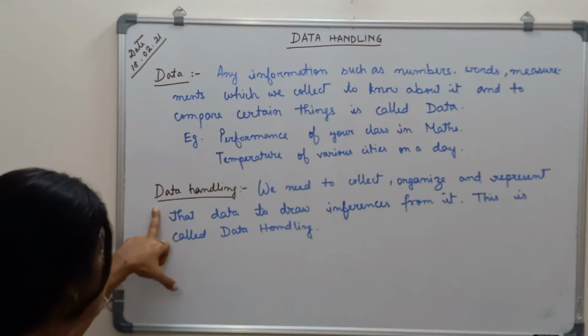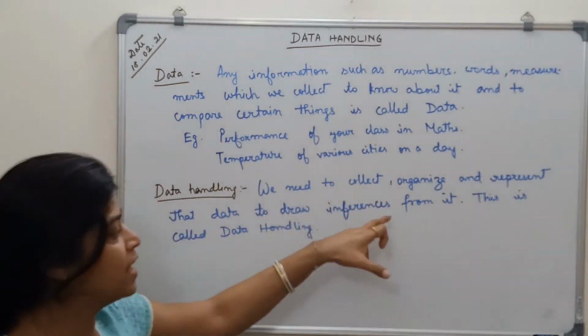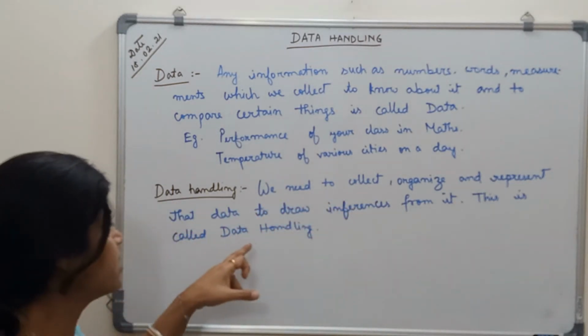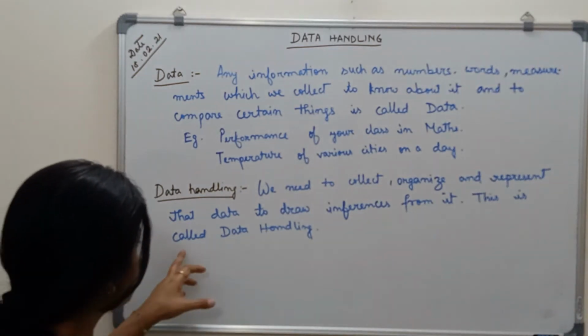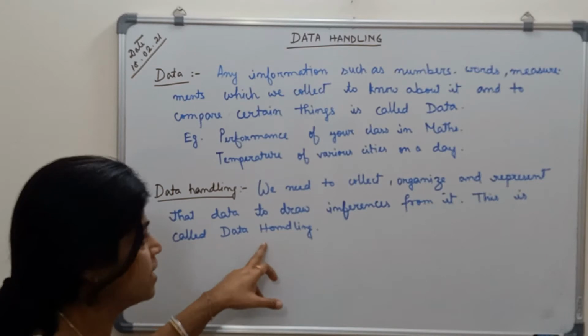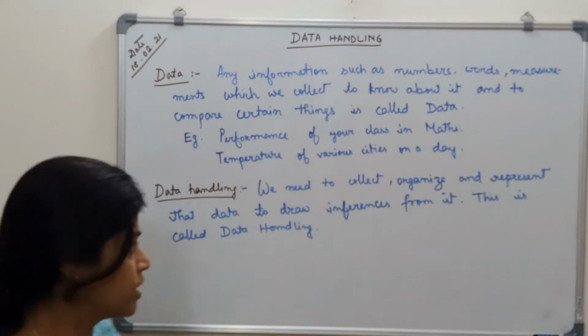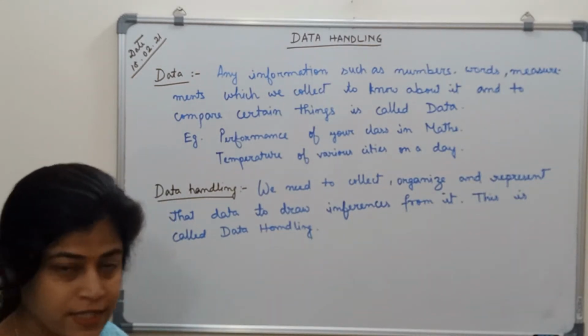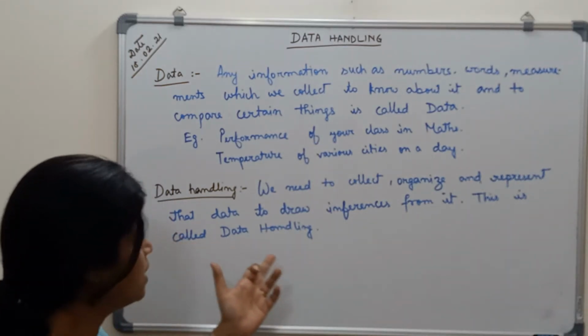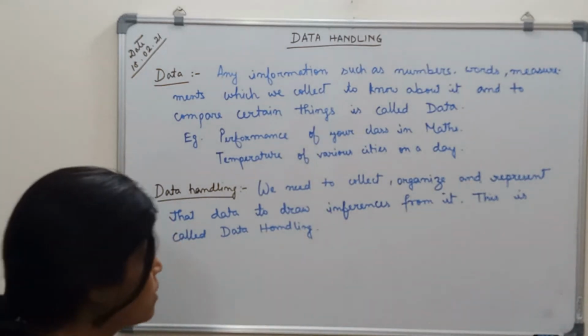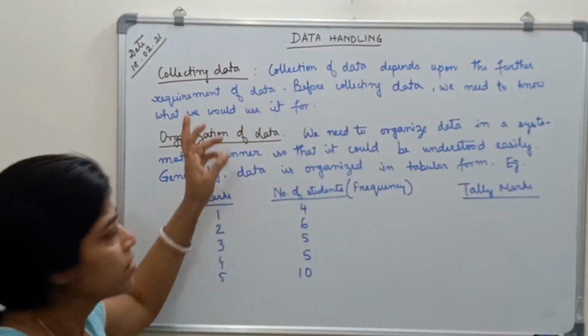Now how to handle data? Data handling: we need to collect, organize and represent that data to draw inference from it. So this is called data handling. We have to collect some data, organize it, make a table and represent that data to draw inference from it.